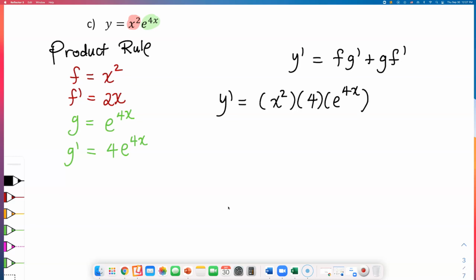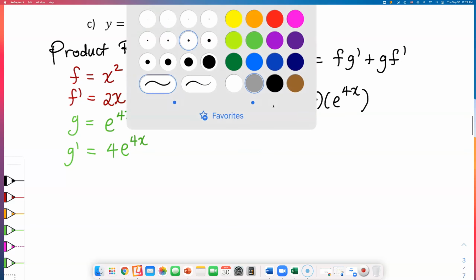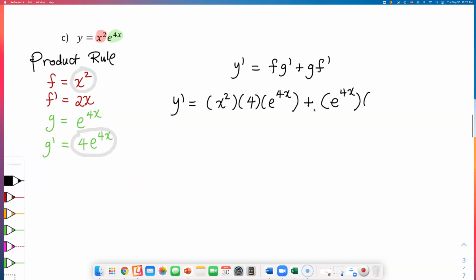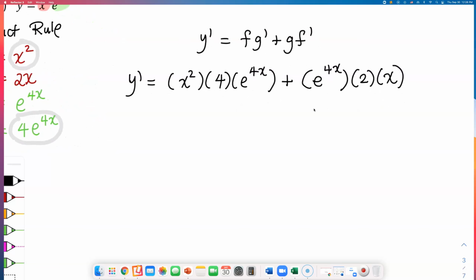So if these were like terms that are multiplying, I just put them each in parentheses. I multiplied this times this. I just put the 4 in its separate parentheses, okay? Next, I need to do plus g times e to the 4x times f prime, which is 2x. 2 times x. Maybe I shouldn't have put them in separate parentheses, but all right, it's okay.